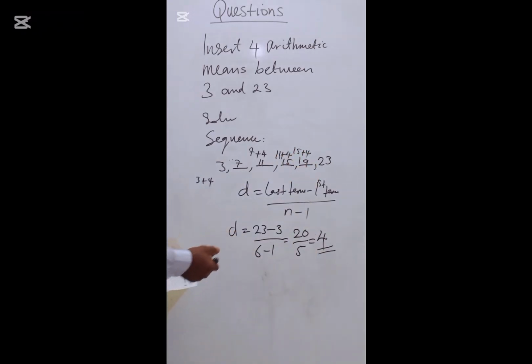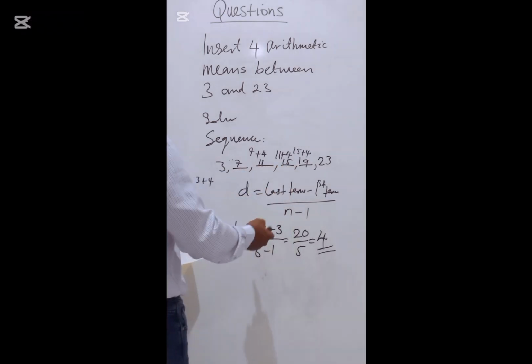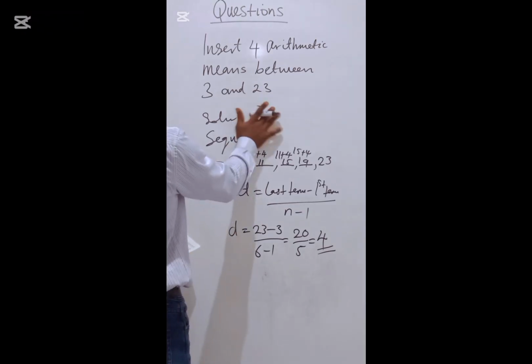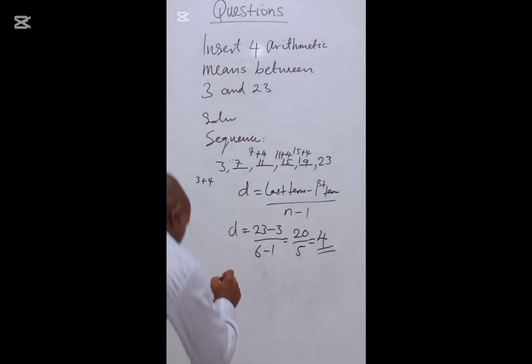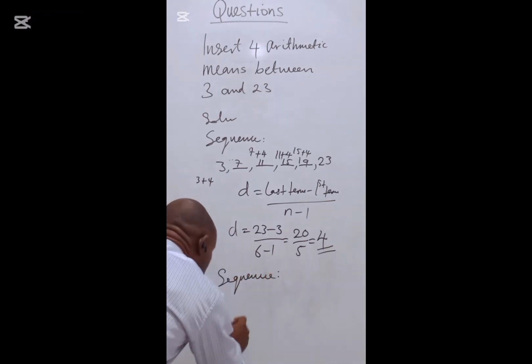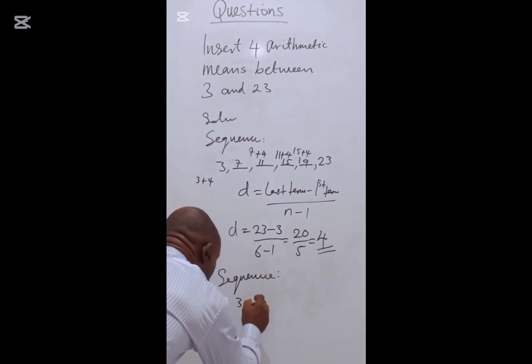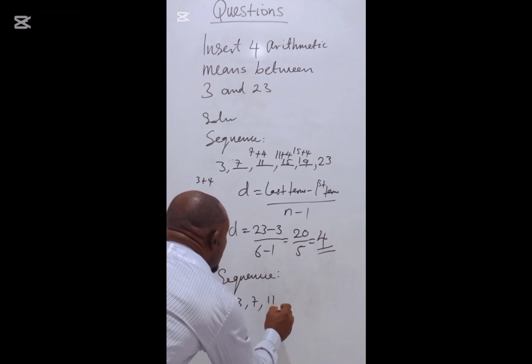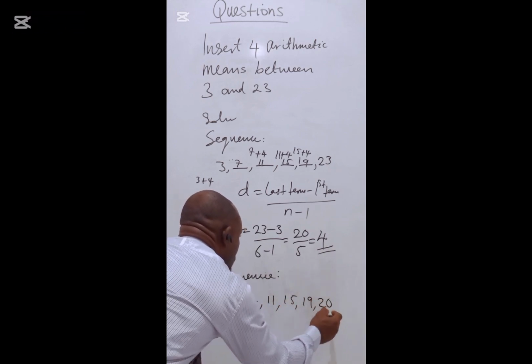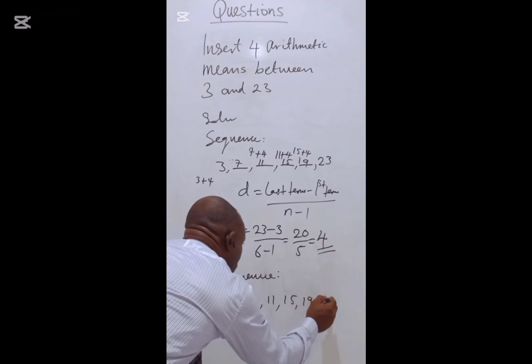Therefore, the 4 unknown values in the sequence are 7, 11, 15, 19. If I rewrite the sequence, the sequence will now be 3, 7, 11, 15, 19, and 23.